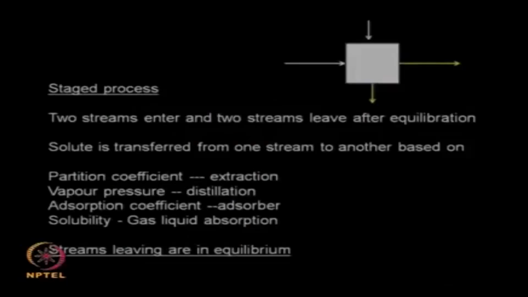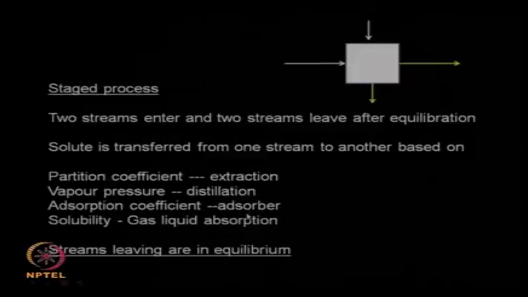Distillation, you have a vapor and a liquid, and the light material or low boiling material goes to the vapor phase, heavy boiling material goes to the liquid phase, again it is a stage. Adsorber we just saw, so the solute from the liquid phase goes to the adsorbent phase, or in a desorption the solute from the solid phase comes to the liquid phase.